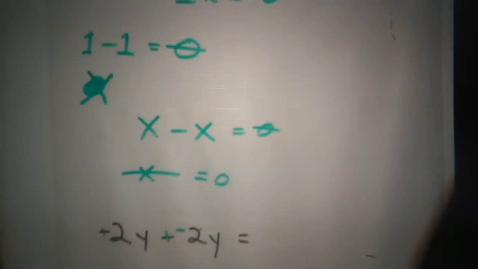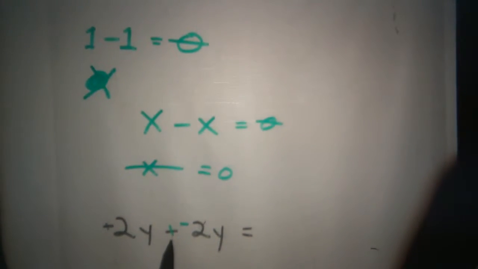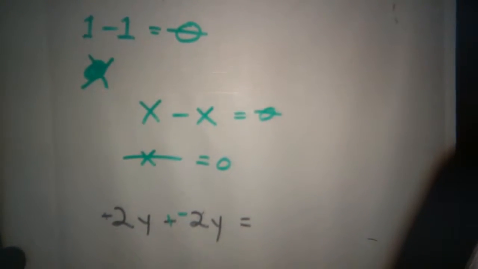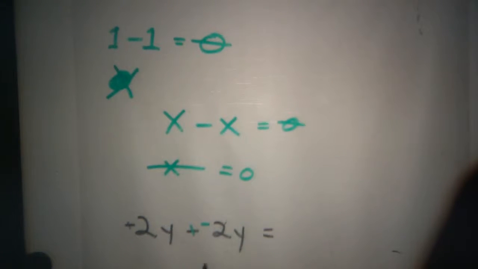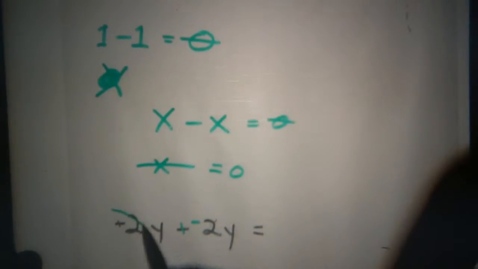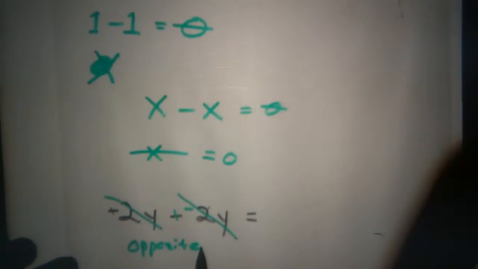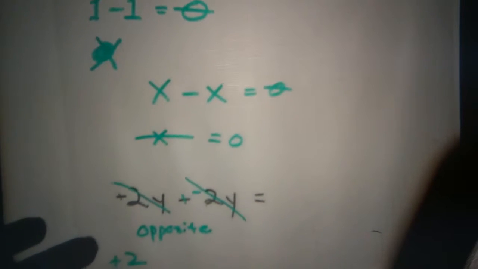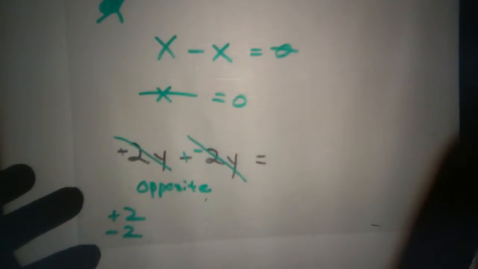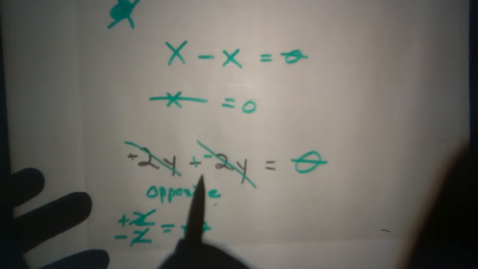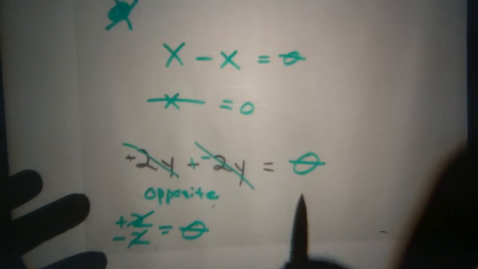You could look at it that way. So if I have a 2y plus a negative 2y, that's just canceling each other out. That's what we did earlier with our variable worksheet. This just cancels each other out because they're the opposite. So if I have a positive 2 and then I have a negative 2, they cancel each other out to 0. Same with this. I canceled my term out. A positive 2y plus a negative 2y cancels out.